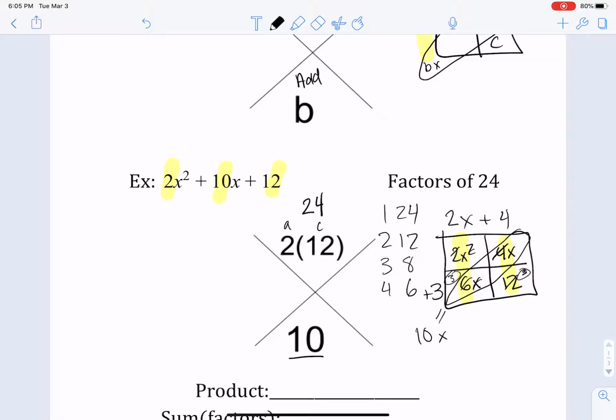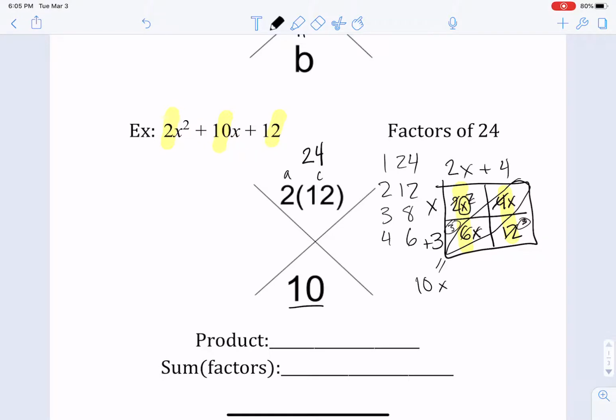And when we look up at our top, we're left with just an x from this guy right here, has one x left over. So what our product ends up being, our two numbers that multiplied together, would be x plus 3 and then 2x plus 4. And now in this case, we have 2, 10, and 12. We could have taken a 2 out of this from the beginning.